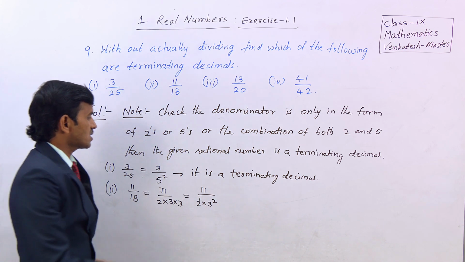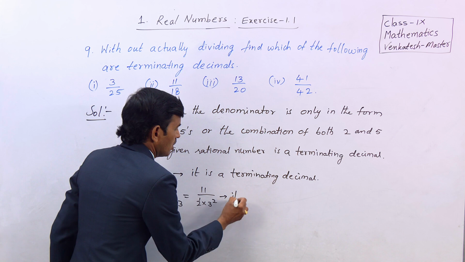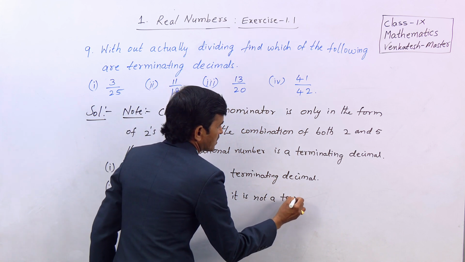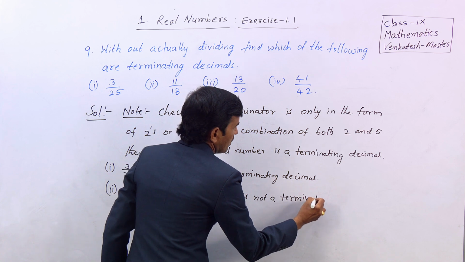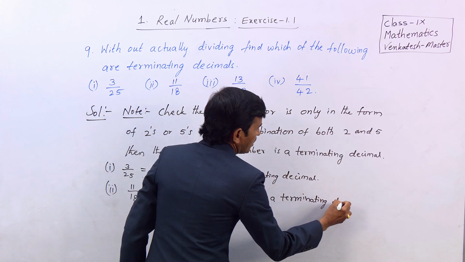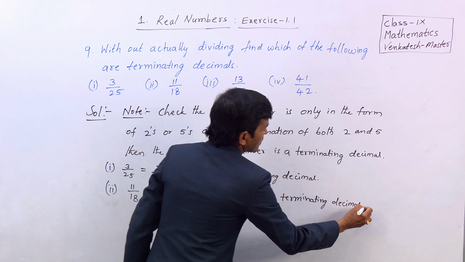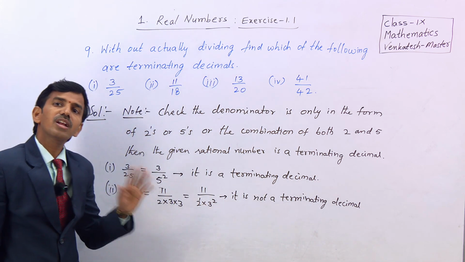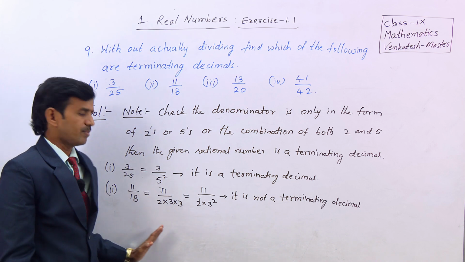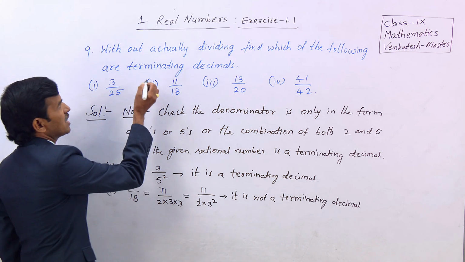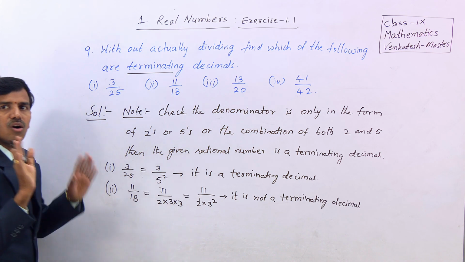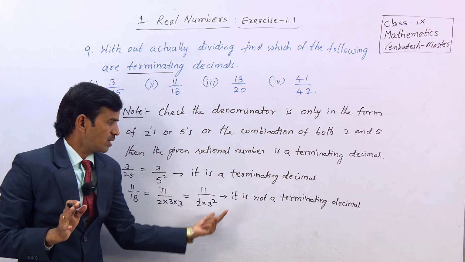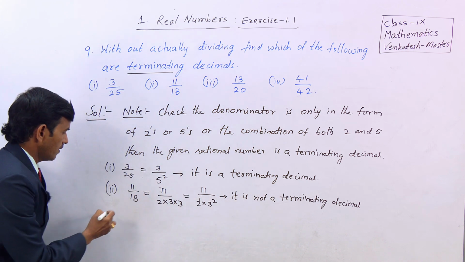Hence, it is not a terminating decimal. If it is not terminating, then what does it become? It might become a repeating decimal. So the question is asking only about terminating or not. If it is terminating, mention terminating, otherwise not a terminating decimal.